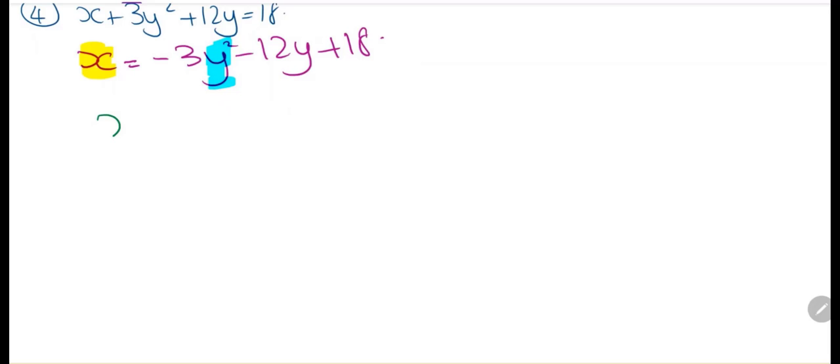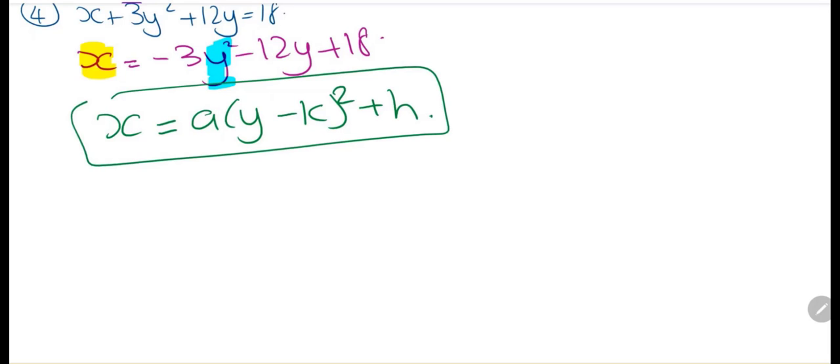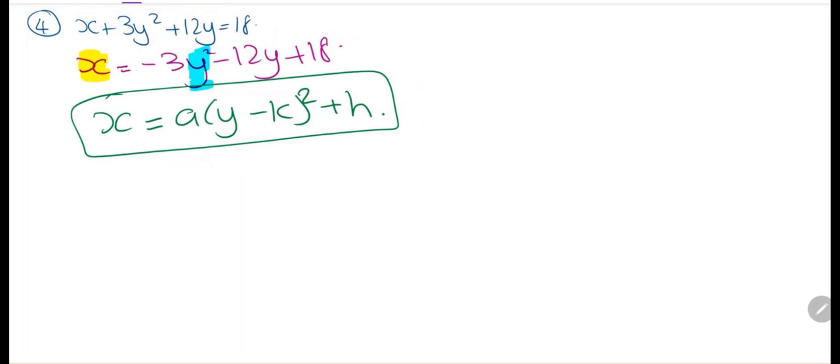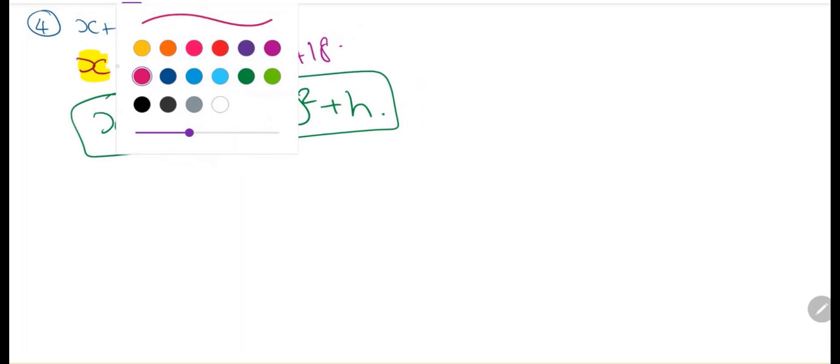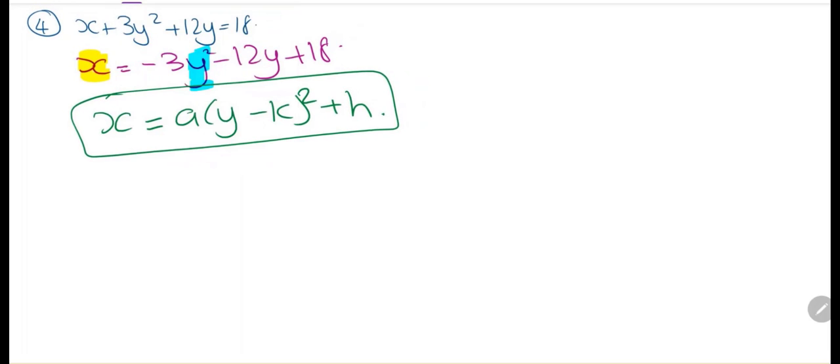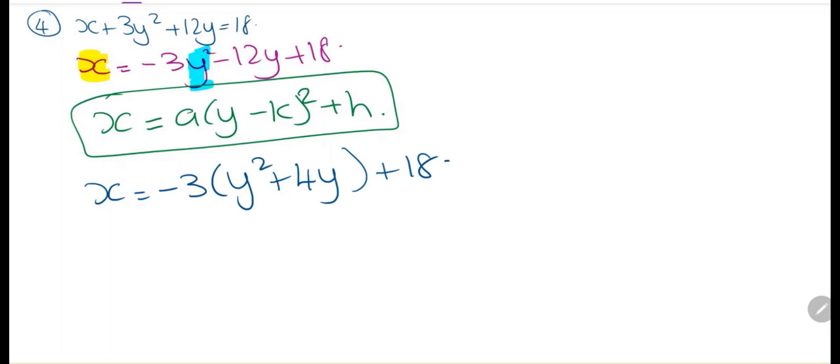So we're going to be using x is equal to a(y minus k) squared plus h. And to complete the square, we're going to need to factor. So we're going to factor by minus 3. So x is minus 3 times y squared, minus 3 and 12y is plus 4y, and plus 18.